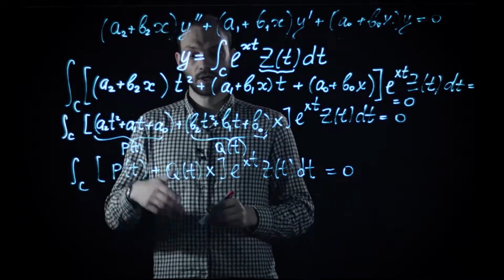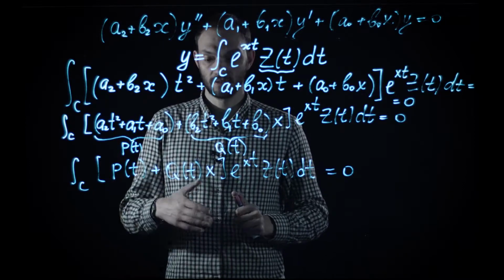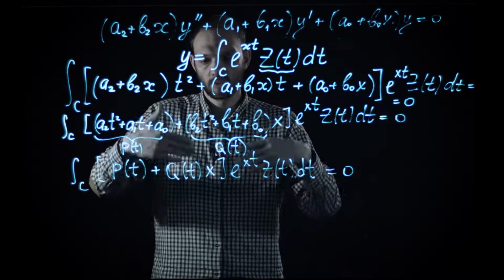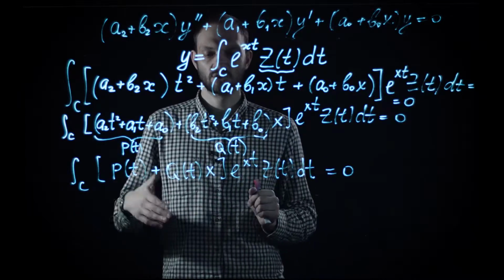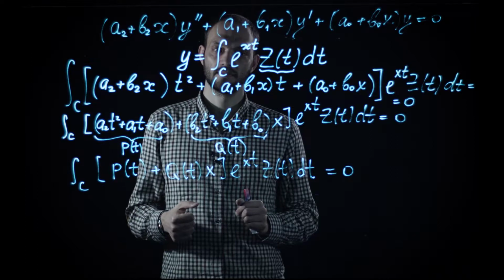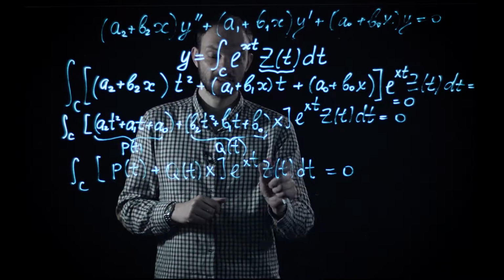So now we are going to simplify our life, because in the end the only independent function in this solution, which is some other representation of the unknown function y, is z of t.